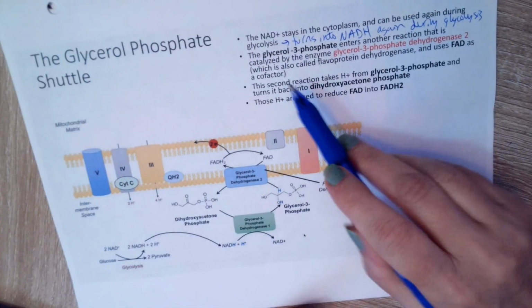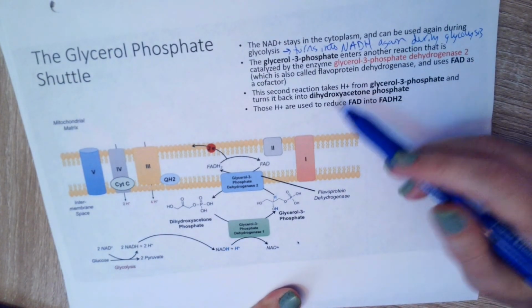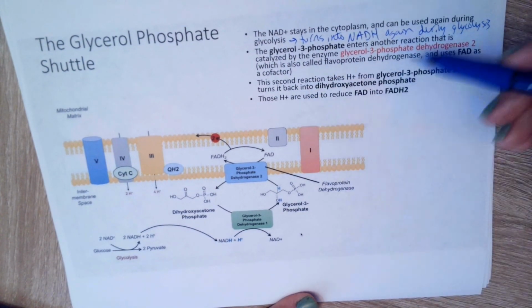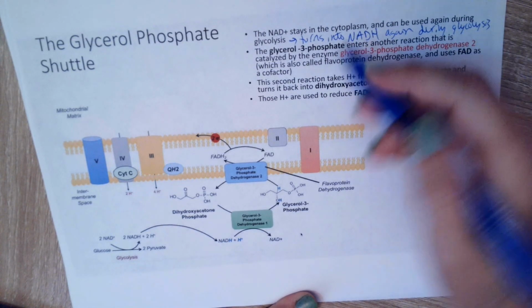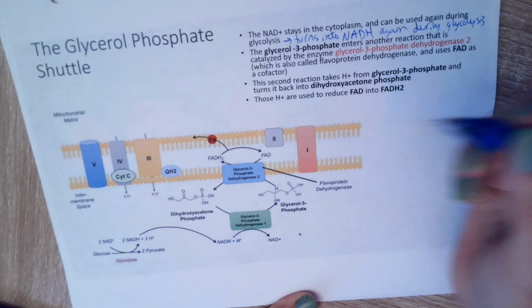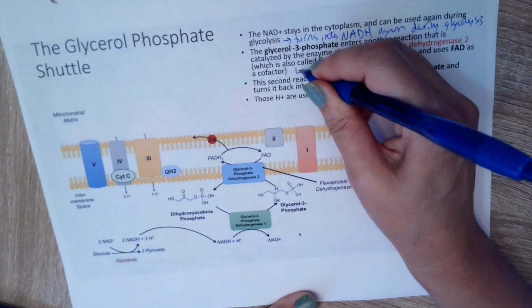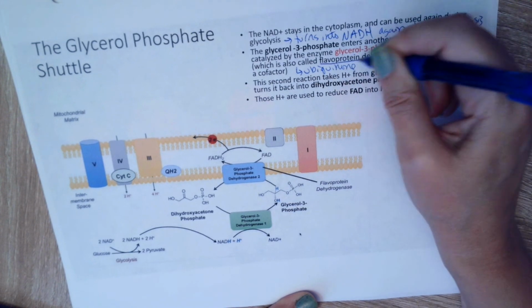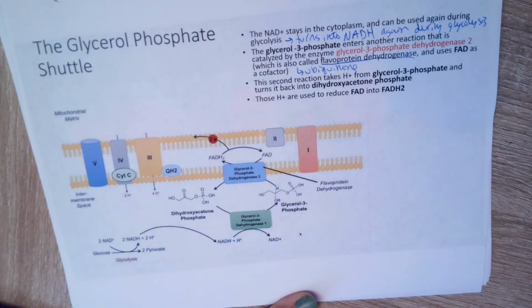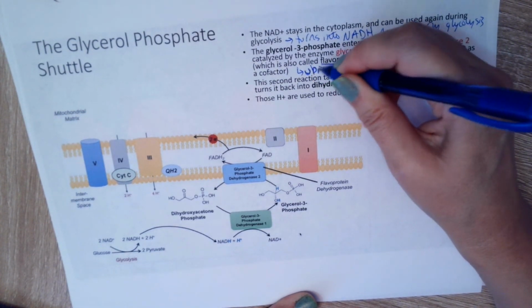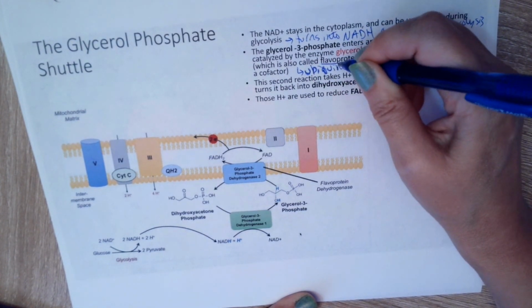The electrons from NADH, which is now NAD, are going to be transferred into this glycerol 3-phosphate and then into ubiquinone. Here it's calling it flavoprotein dehydrogenase again, just to use the other names for it, so that you are aware that we use multiple names for the same thing, just to make this more complicated.